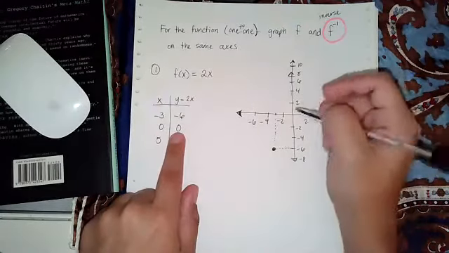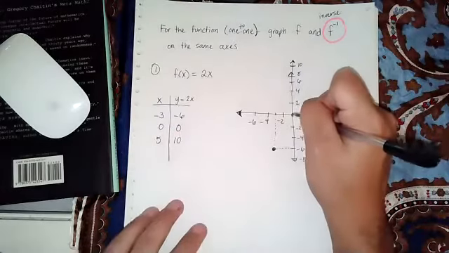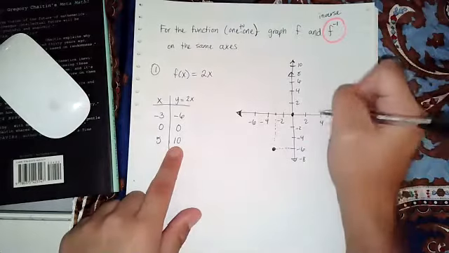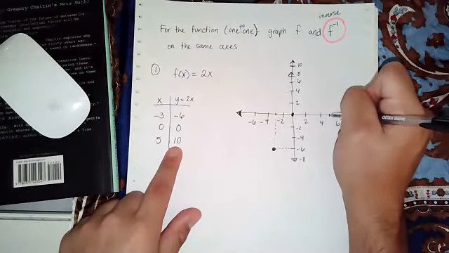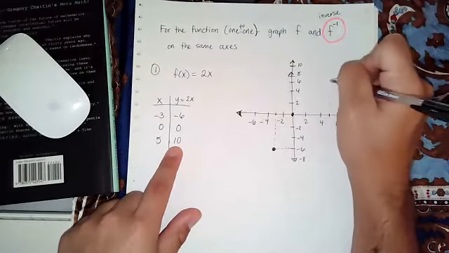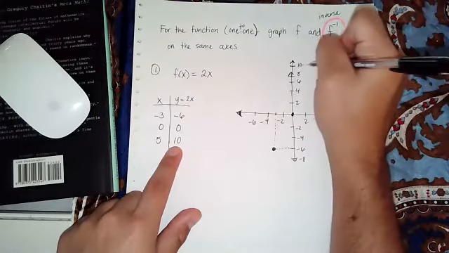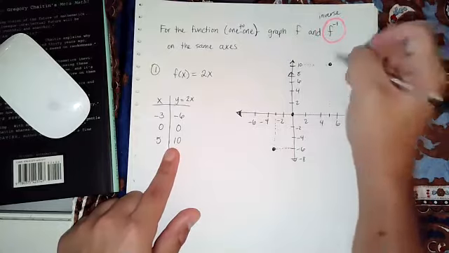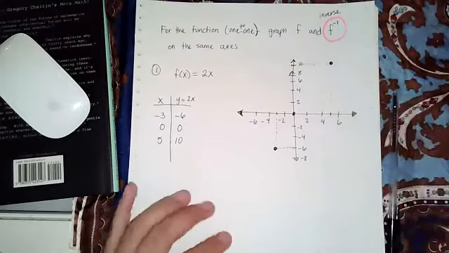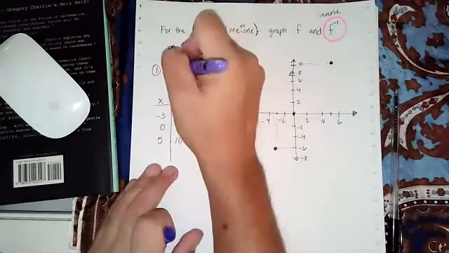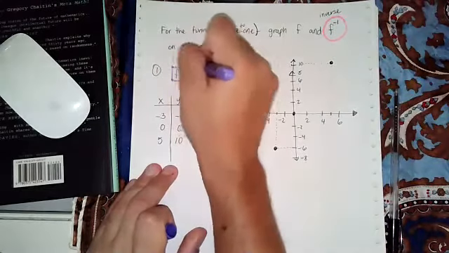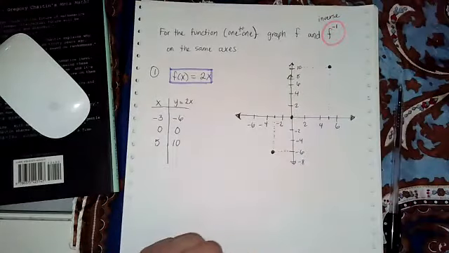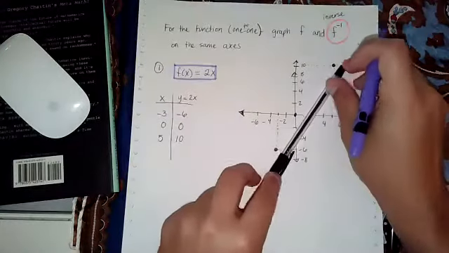0, 0 would be right at the origin. And 5, 10 would be right here's 5. And then we could go all the way up to 10. And that's the location of 5, 10. And since this is the function f, I like to color code these so that we can see 2 different colors on the graph. And I'm going to try to get as straight a line as I can get here.